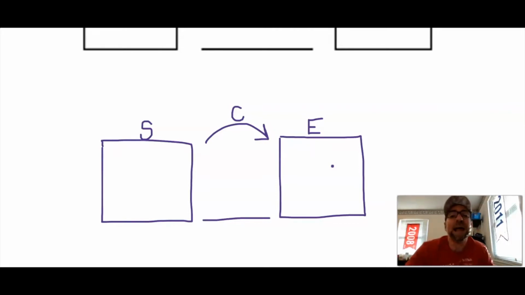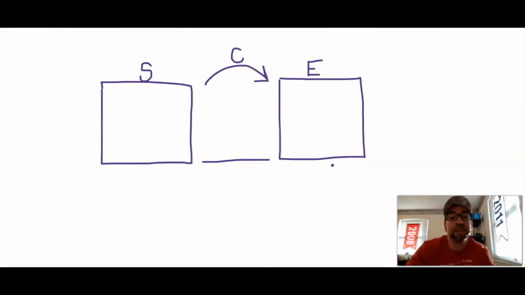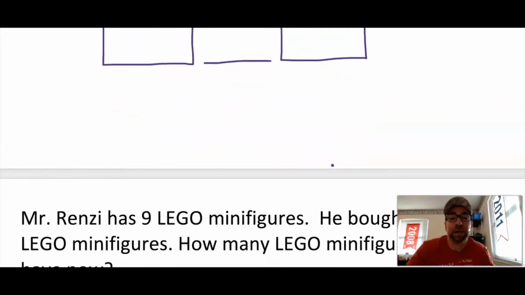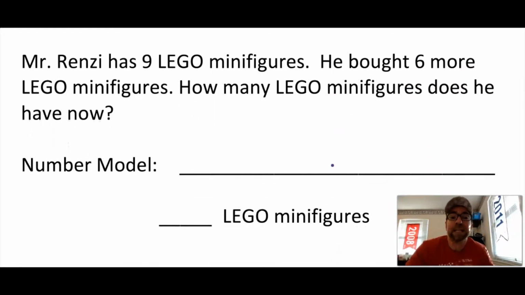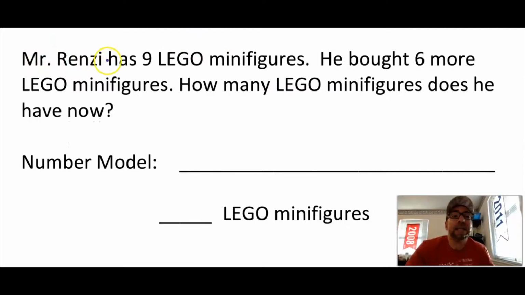So let's go and see if you remember how to use the start, change, end diagram. Here is a number story that we have. The number story says, Mr. Enzi has 9 Lego minifigures. He bought 6 more Lego minifigures.